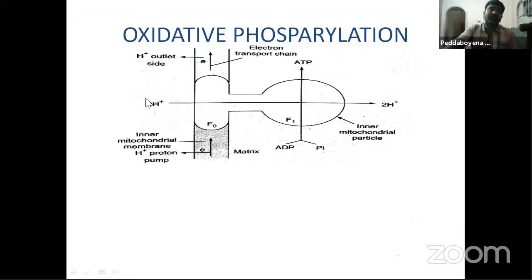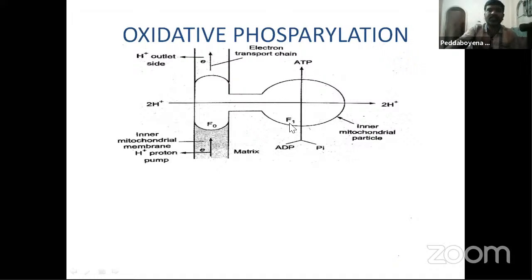When the protons are pumped from the inner mitochondrial membrane space to the matrix side, every 3 protons form 1 ATP. During this process, 3 protons are transferred through the F0 part, which is called the proton channel.